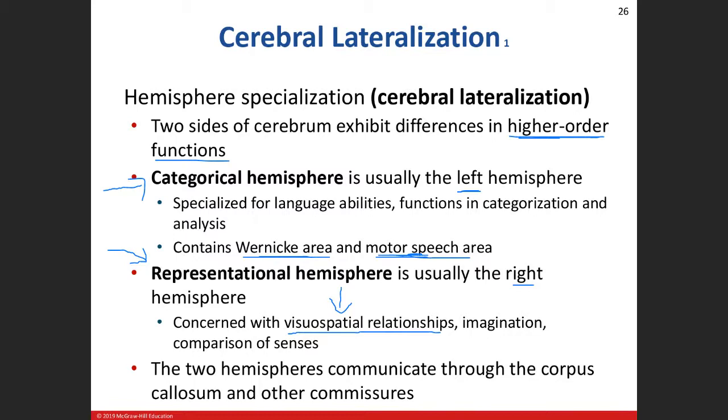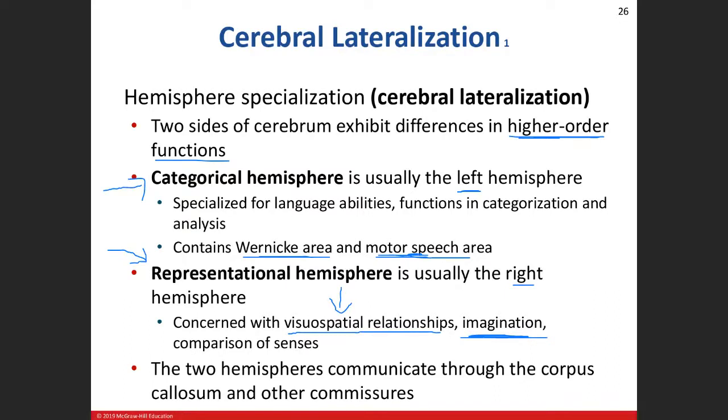A romantic would look at a motorcycle and just see the nice curves and how one part of the bike transitions and the nice flowing movement of the wheels. So it's kind of similar to this, and that's how I always remember. The right hemisphere, the representational hemisphere, is going to be way more geared towards visual spatial relationships, imagination, big time, okay?